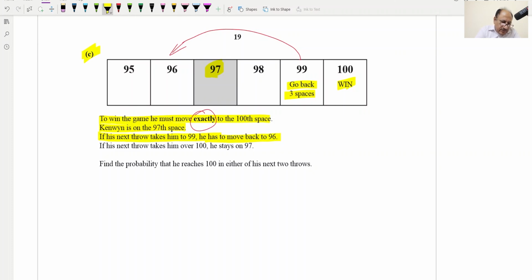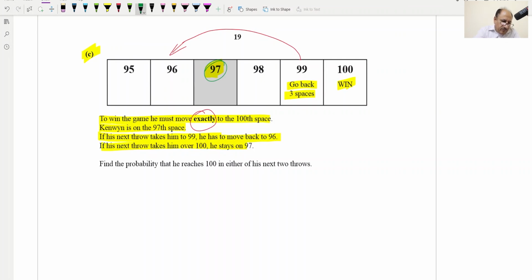If his next throw takes him over 100, he stays at 97. So if he would be jumping more than 100, he will not be going beyond 100, so he'll be remaining at 97 without any movement.